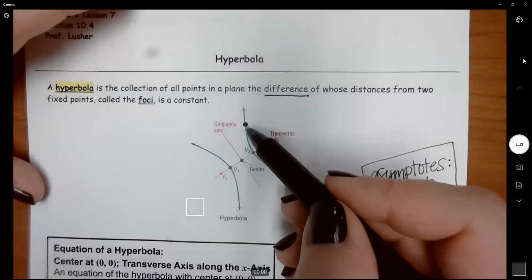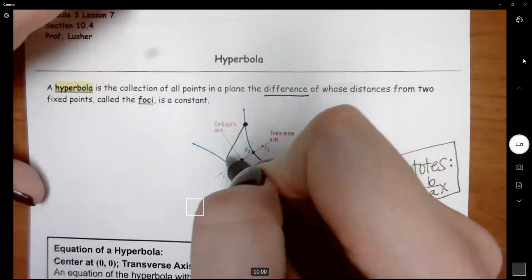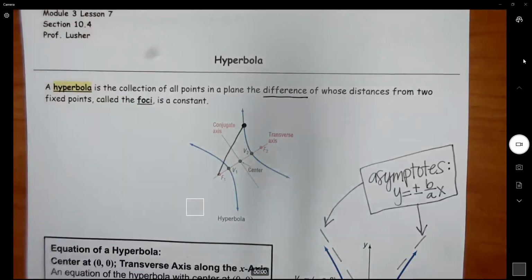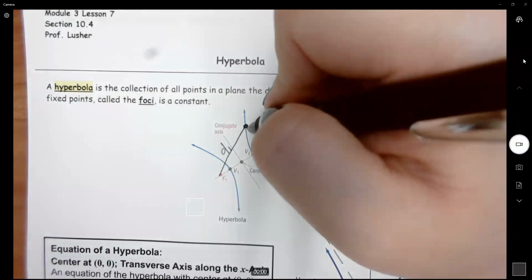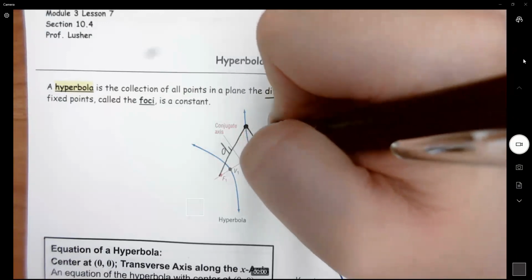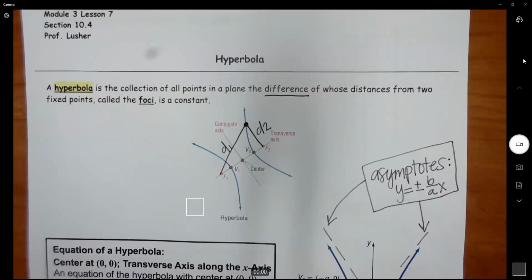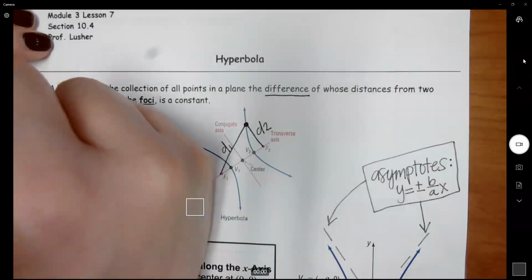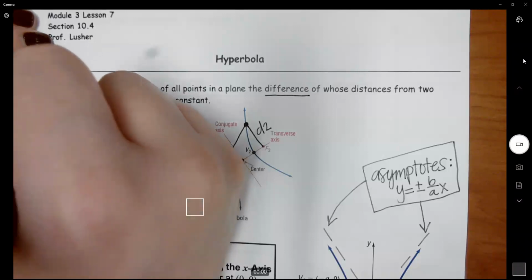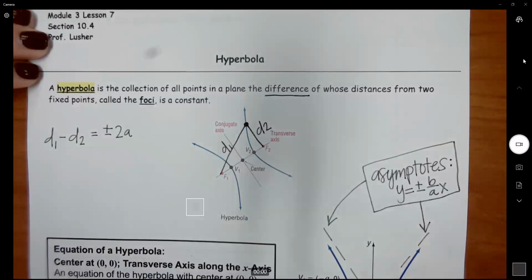and you connect that point to one focus, we'll call this D1, and you connect this point to your second focus, we'll call this D2, then D1 minus D2 is going to equal plus or minus 2a.